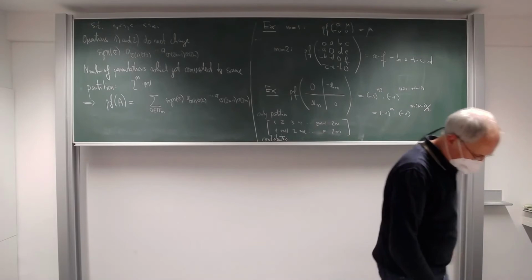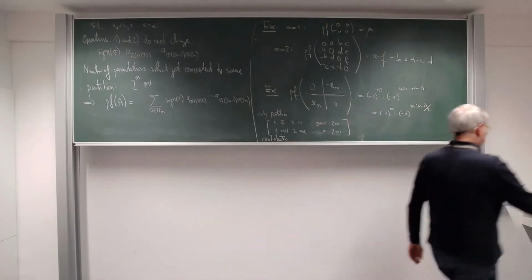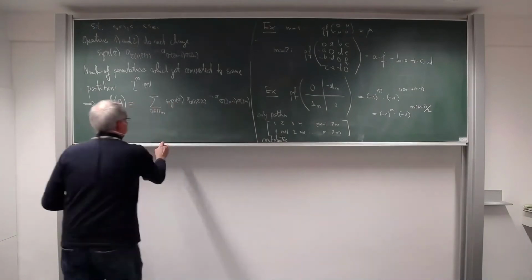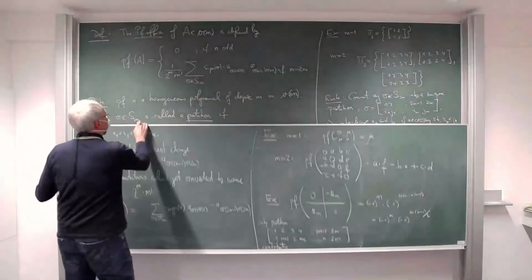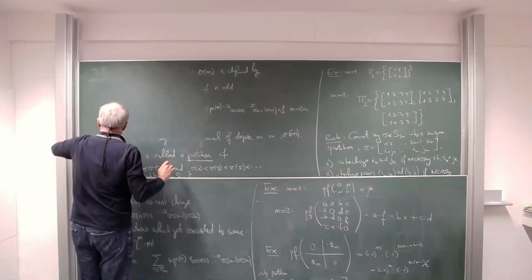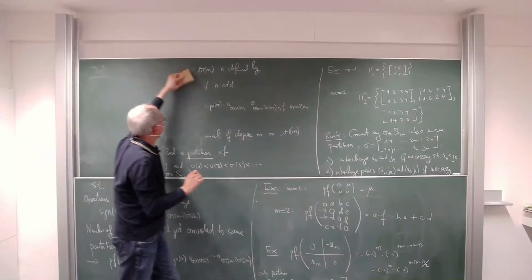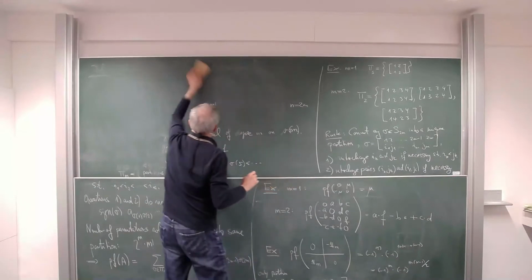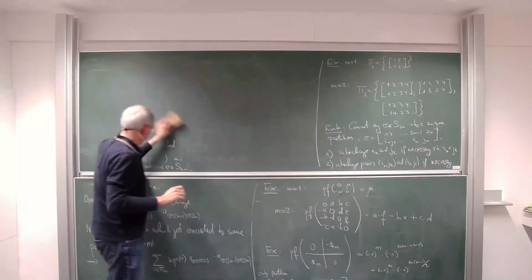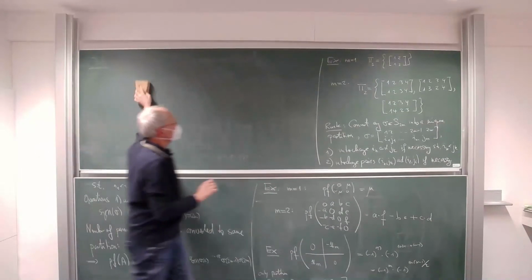Good. Now the first important lemma for these Pfaffians. If we want to use the Pfaffian as the definition of characteristic classes, then it has to be an invariant polynomial, right?